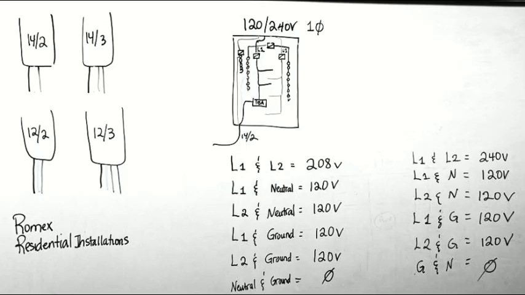The step that was missed was doing the conversion from mega ohms to ohms, milliamps to amps, because we have to do everything in volts, amps, or ohms.